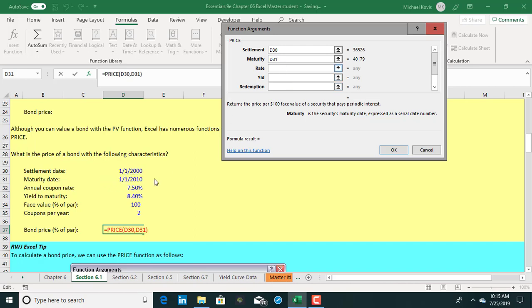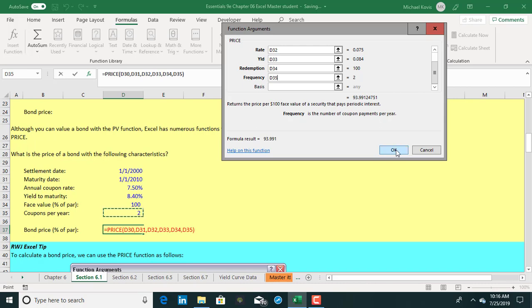Our rate is going to be the annual coupon. Yield is our yield to maturity, and then our face value of par, and then we need to scroll down, frequency, and that's just how many times a year we are getting our interest payment.